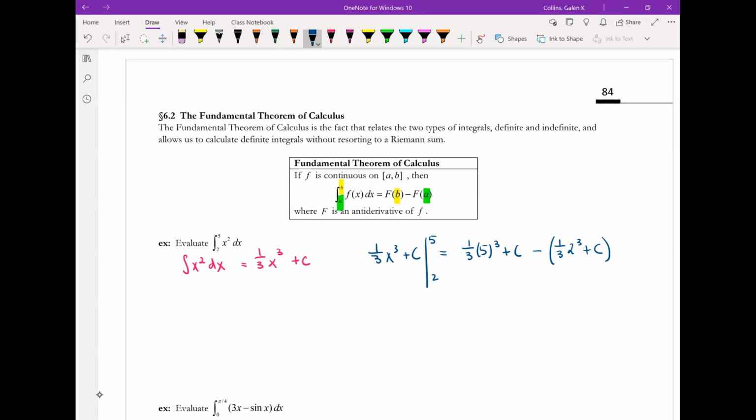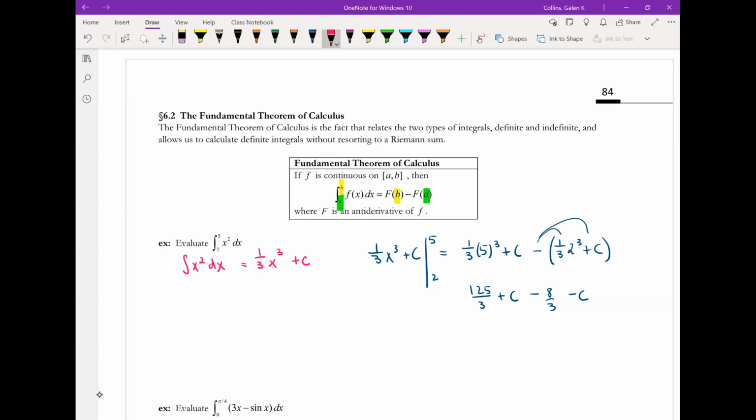All right, so 5 cubed is, let's see, 125? So we get 125 thirds plus our constant of integration. And then as I subtract, I'm going to drop the parentheses. So that would be minus 2 cubed is 8, so 8 thirds. And then remember that that subtraction applies to both terms, so minus c.